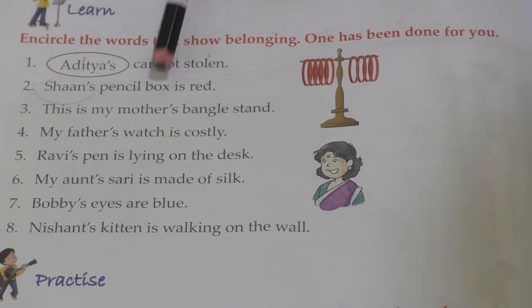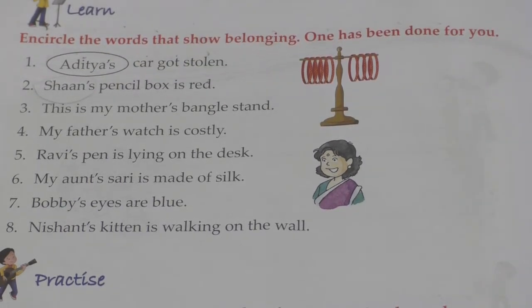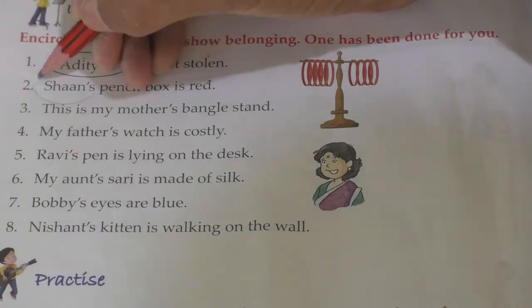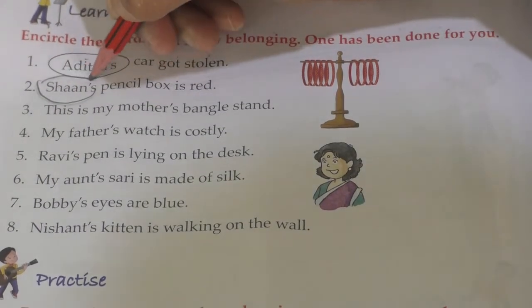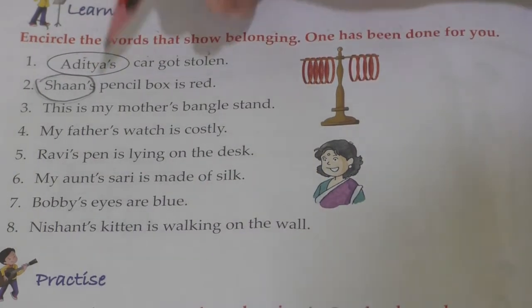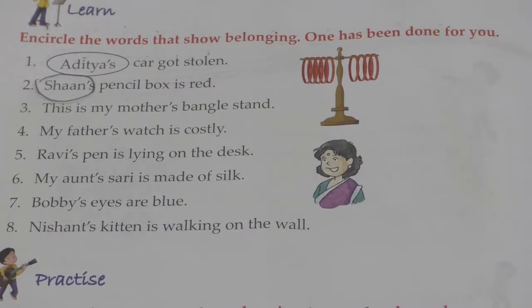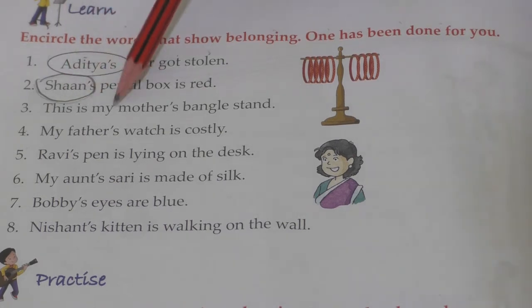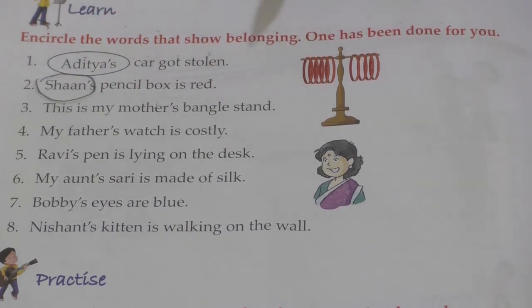Second sentence. Shan's pencil box is red. The pencil box that belongs to Shan is red. Whose pencil box is red? It's Shan's. So we have to circle Shan's. Shan apostrophe S. Apostrophe S always indicates the belonging or possession of something. Third one. This is my mother's bangle stand.